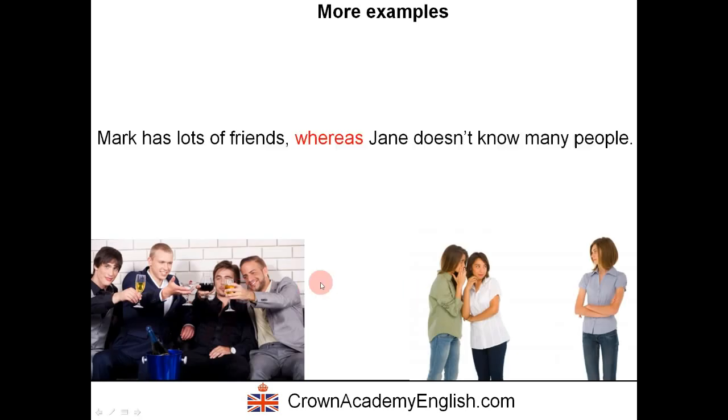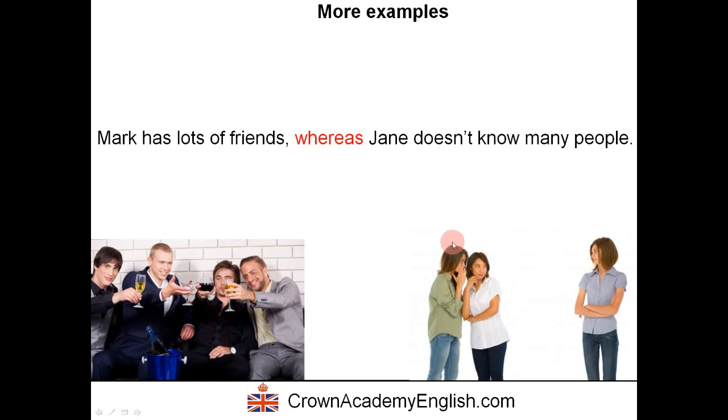Mark has lots of friends, whereas Jane doesn't know many people. So, this is Mark. He has lots of friends. He's very sociable, likes going out, whereas Jane doesn't know many people. You can see there are some people here, but she's having trouble making friends with them.